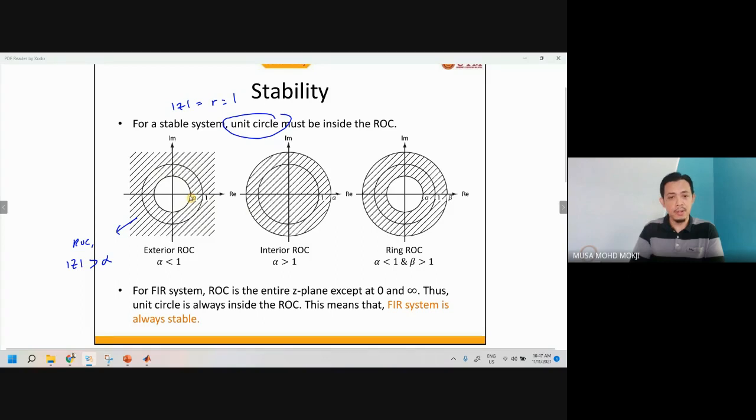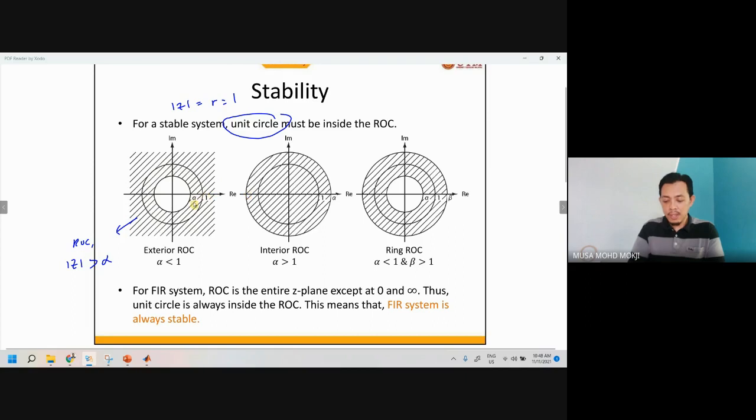Then we check the unit circle. If the unit circle is inside the ROC, as in this case, how can we get that? We need to make sure that alpha must be less than 1. If alpha is less than 1, then of course the unit circle is inside the ROC, and the system is stable.